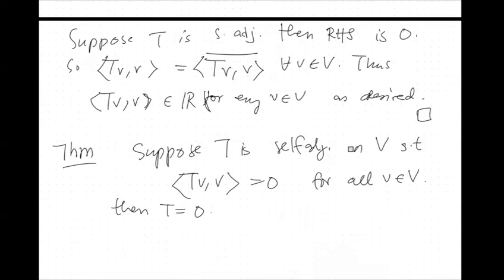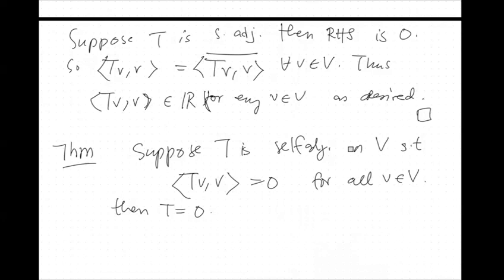So earlier, what's the difference? Earlier, we had a complex inner product space, and then we only supposed that TV, V is 0, but here the additional assumption is that T is equal to its adjoint.